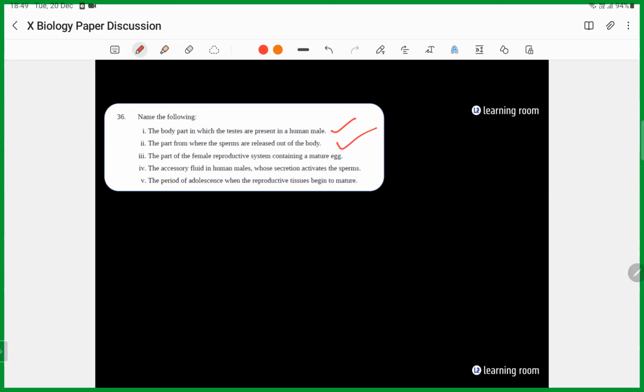And then ovary: the part of the female reproductive system containing a mature egg. Ovary. And then seminal fluid: accessory fluid in human males. Seminal fluid. And then puberty. Puberty. Okay.